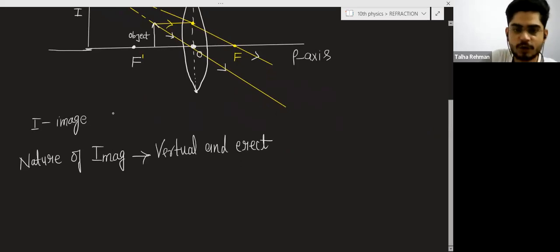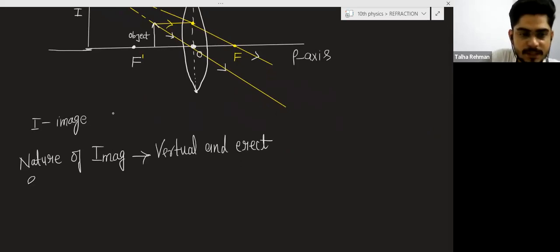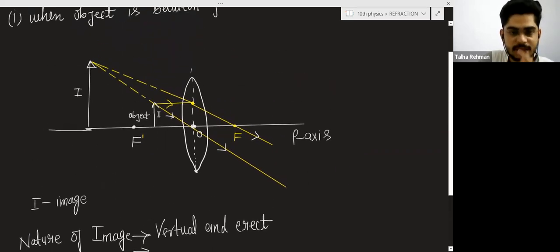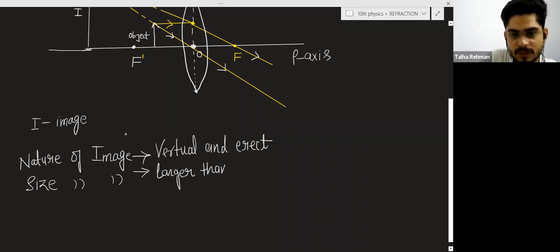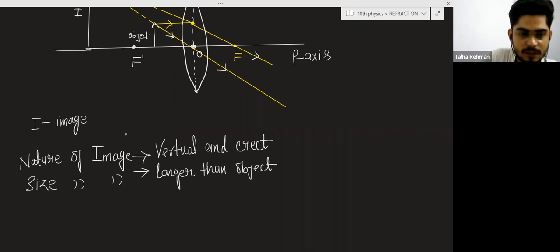When you talk about the size of the image, this is the size of the object and this is the size of the image, so the image is larger than the object.